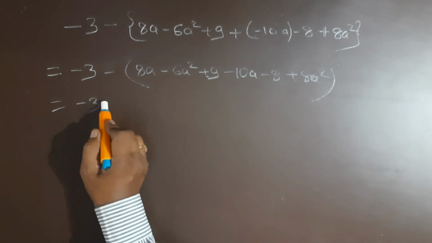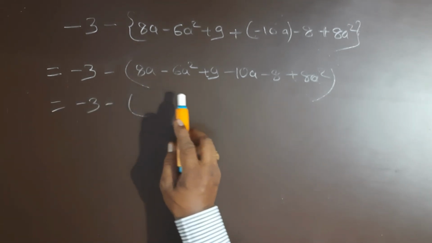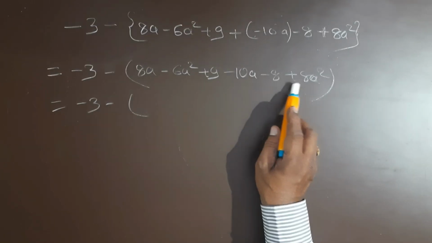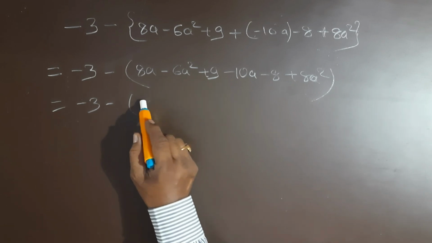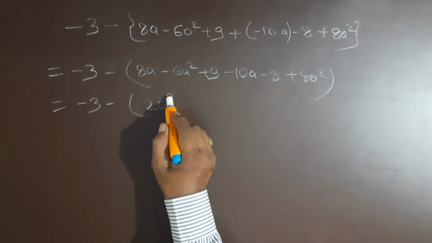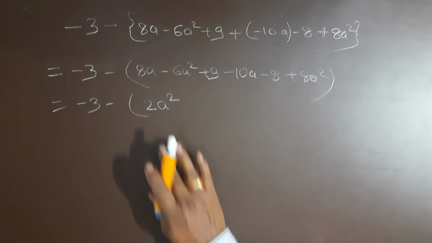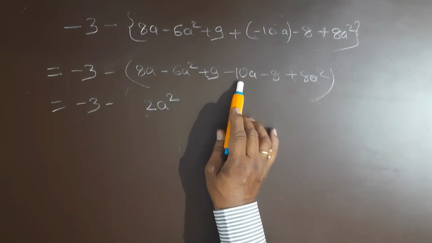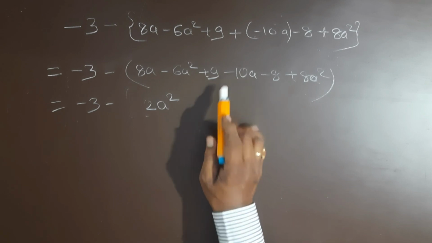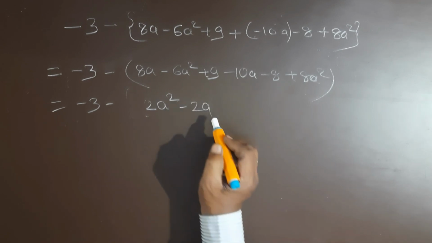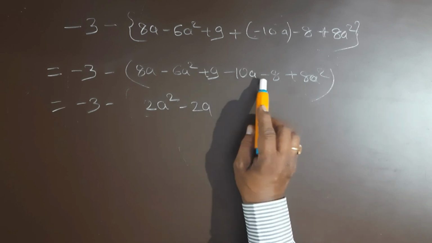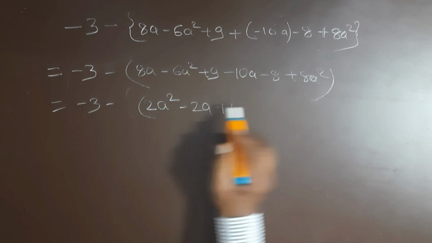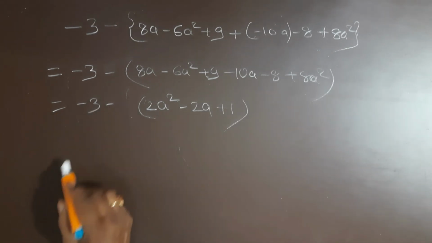Now minus 3 minus, we will write like terms, 1: minus 6a square plus 8a square. So 8 minus 6 is 2a square. Then we can remove the bracket, and then 8a and minus 10a, 10a is greater, so minus 2a, this is plus 9 minus 8, that means plus 1. Now we have to give bracket because minus sign is there.